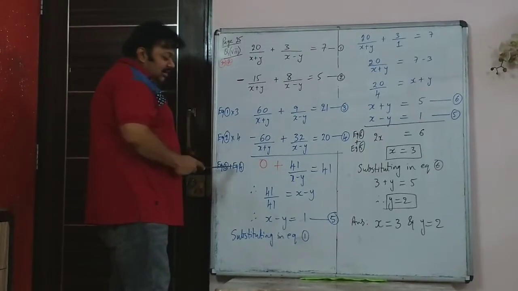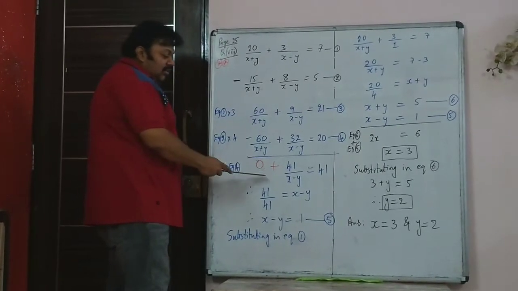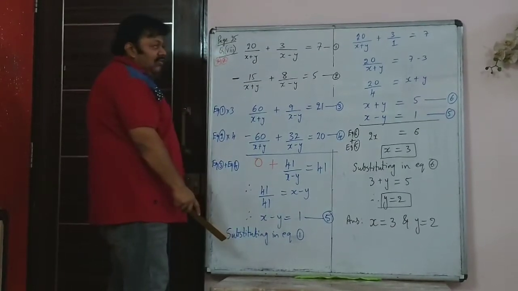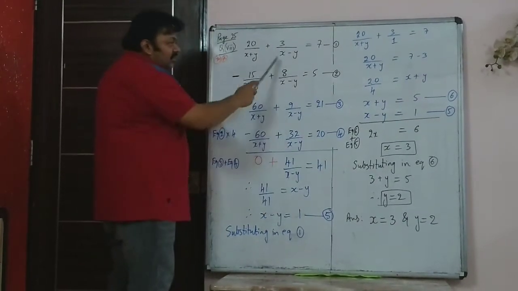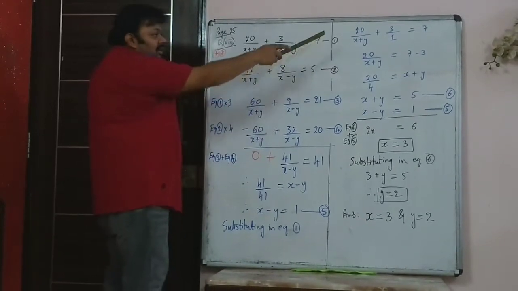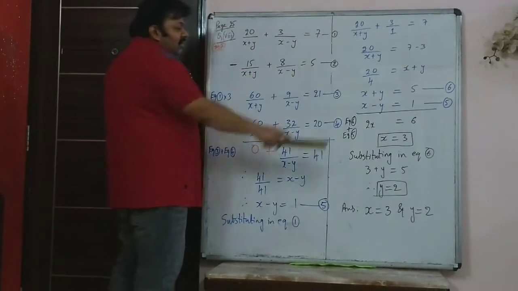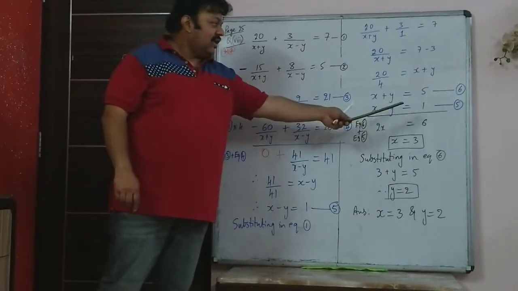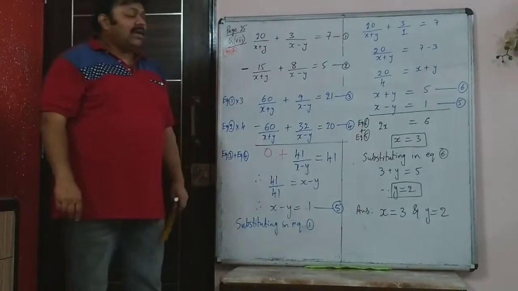Then we added these two so that this became 0. So you got one simple equation which you wrote as x minus y is 1. That x minus y you substituted, and you got the second equation, x plus y is equal to 5. Then these two simple equations 5 and 6 you solve to get x and y.